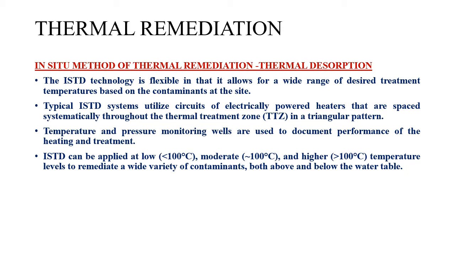So what we can do is, before we start the actual heating process to volatilize the contaminants, we can remove this naturally occurring pore water or groundwater through some form of pumping or vaporization technique. And if the water table is quite high, then we'll have to put in some hydraulic barriers to dewater the area to be treated.